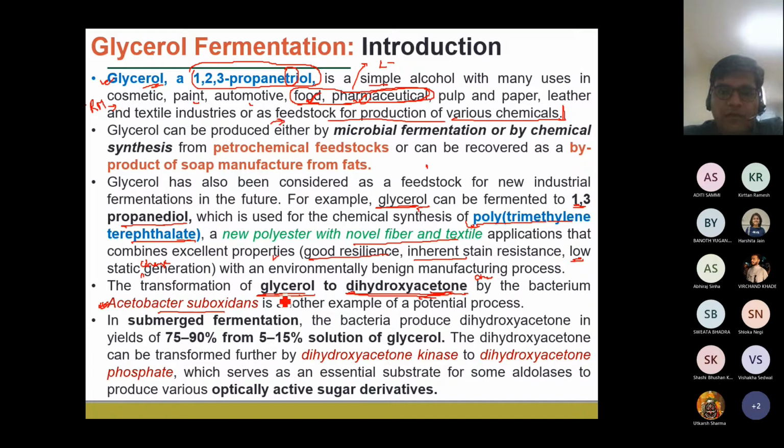Okay, so if you go for dihydroxyacetone or for any other chemicals, it can be a very good initial starting material, and then it can be converted into various chemicals by both chemical approaches or biological approaches.